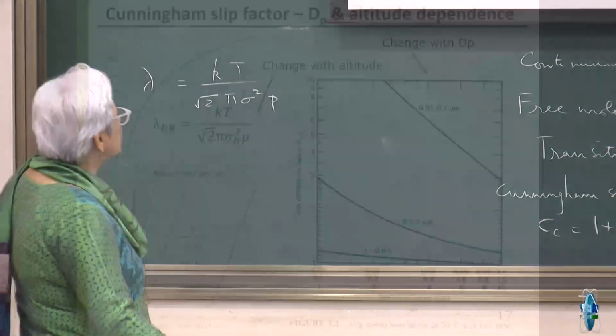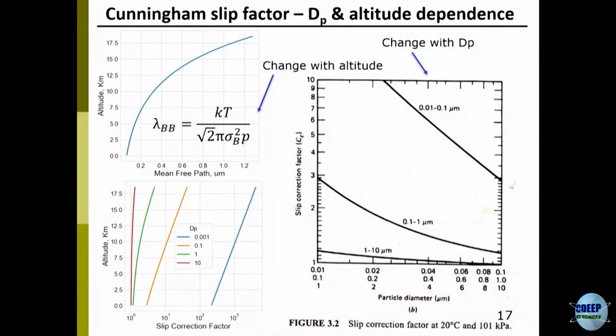So that is one thing, and the other thing that is being shown over here is dP variability.